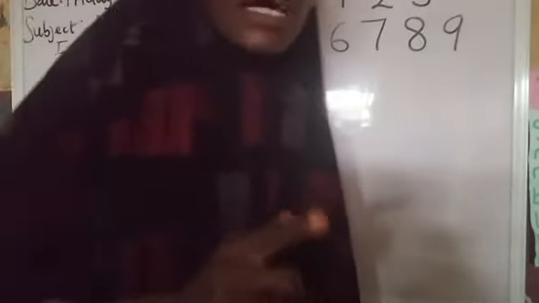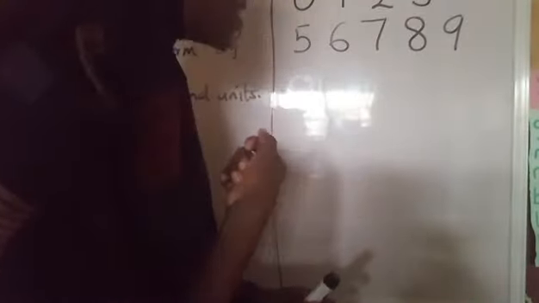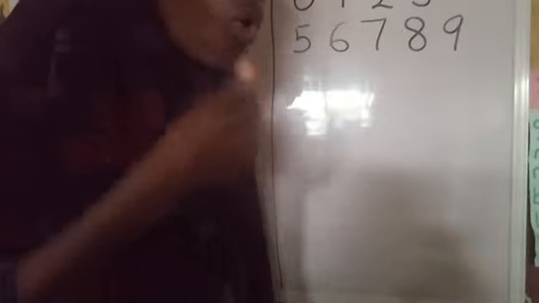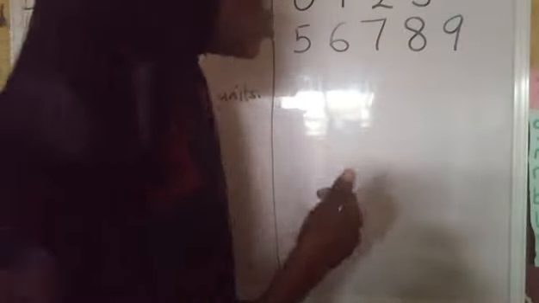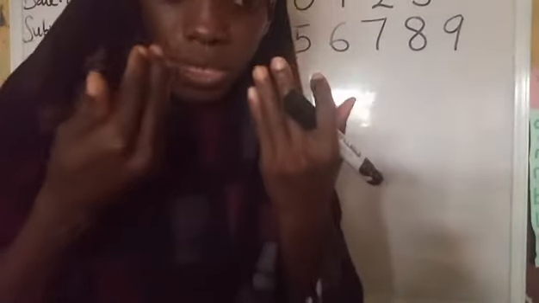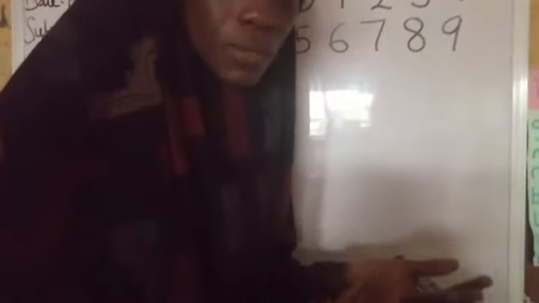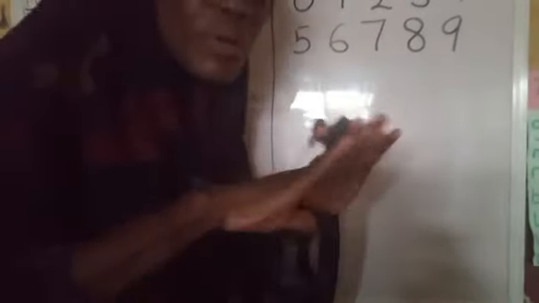Then another thing I want you to understand is that when you are counting objects, you begin with 1. Why? Because you are counting what you can see, what is visible. But when you are counting numbers, just ordinarily for counting, you learn to start from 0.